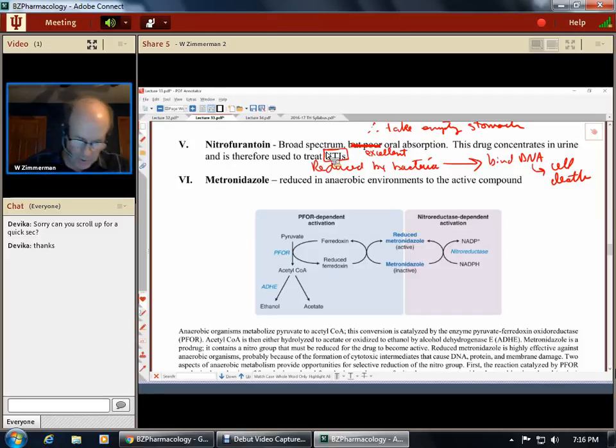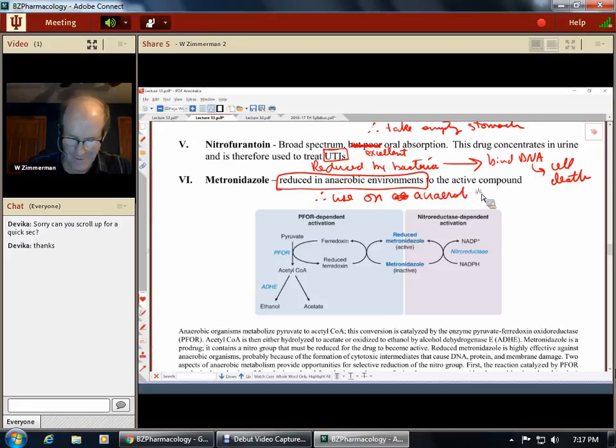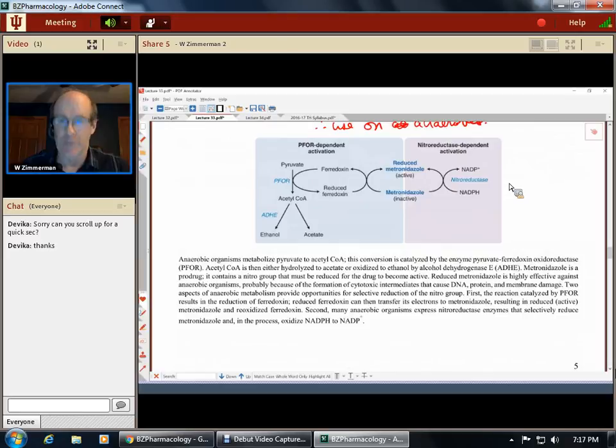Okay, metronidazole, reduced in anaerobic environments. Therefore, use on anaerobes. So it needs to be reduced. Nitrofurantoin doesn't have to be on an anaerobe, but the metronidazole does. There are a couple of ways that metronidazole can be reduced. It's a prodrug, and its reduced form is active.